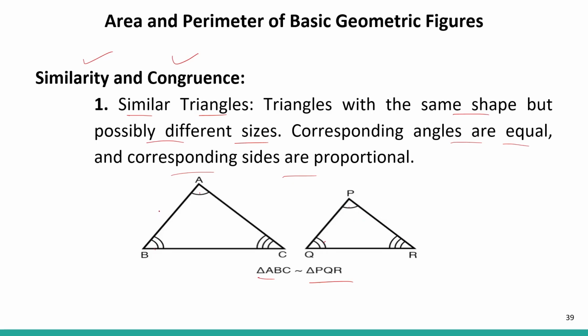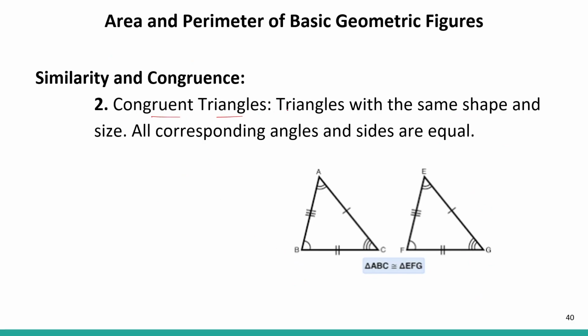If AB over A1B1 equals BC over B1C1 equals AC over A1C1, then we say these triangles are similar triangles. This is what we mean by similarity.